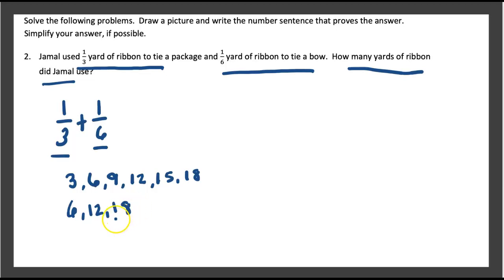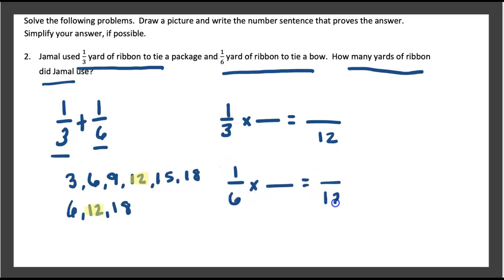Oh, these have lots that are in common. So I'm going to choose 12 because it's further down. So let's see if we have to simplify this. So I'm going to take 1/3 and I'm going to multiply it by something to get a denominator of 12. I'm going to take 1/6 and do the same. Multiply it by something to get me a denominator of 12.